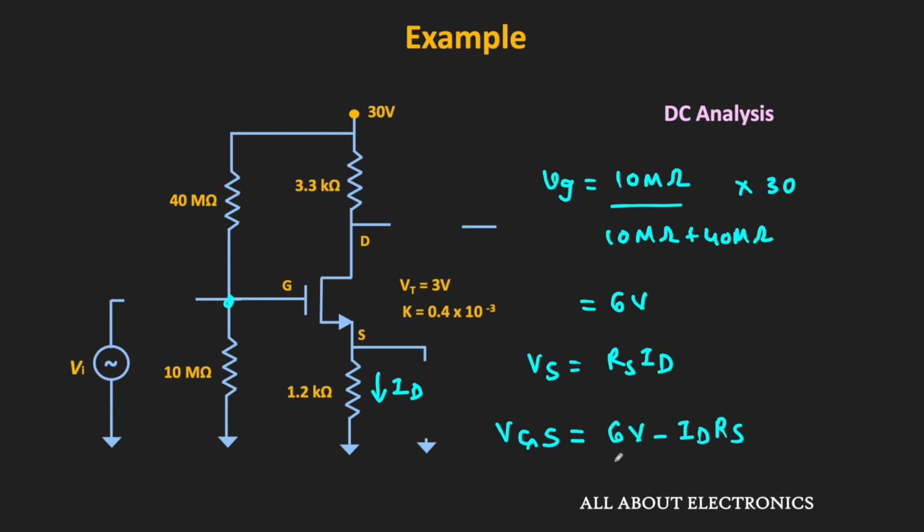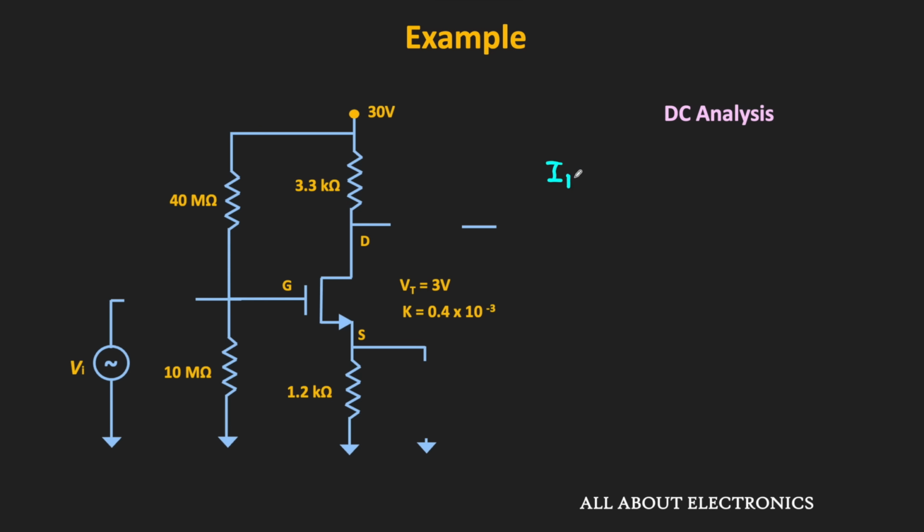And here, assuming the MOSFET is operating in the saturation region, this drain current ID can be given as K times (VGS minus VT) whole square, where K is the device constant. Or we can say that ID is equal to K times (6 minus ID times RS minus VT), that is minus 3, whole square.